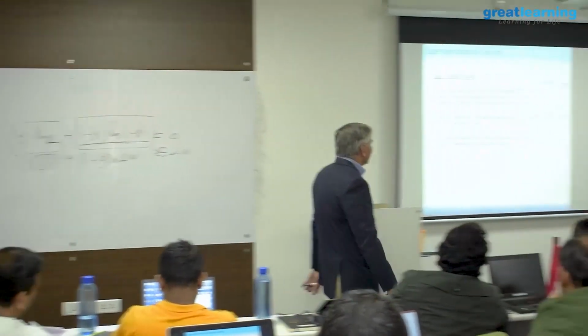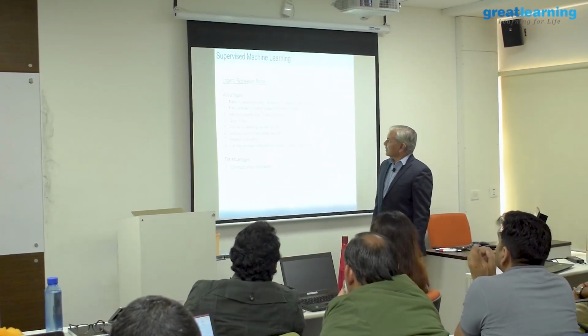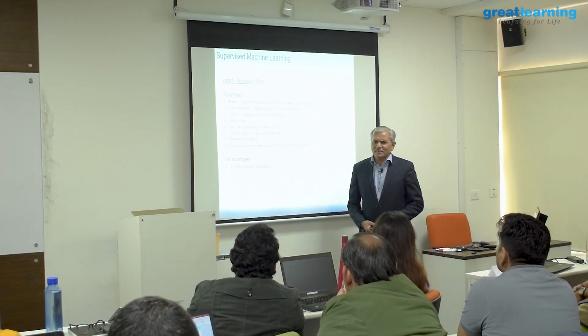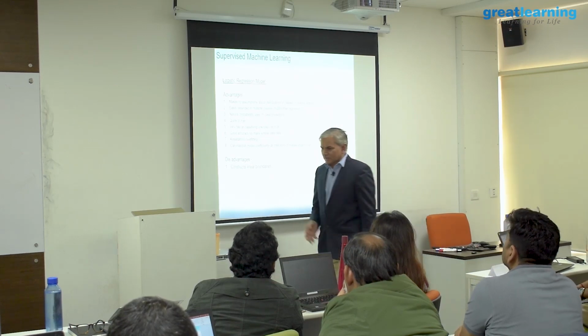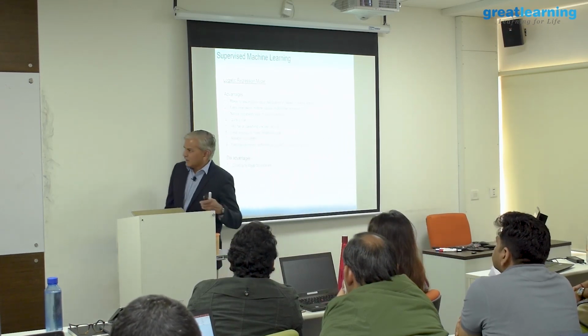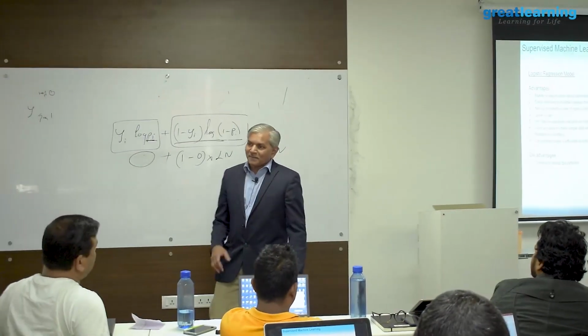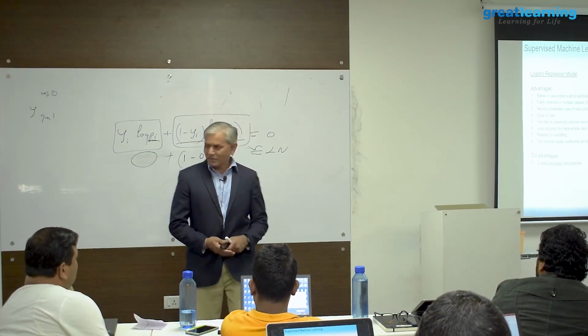Extension of the linear model that we saw yesterday. The beauty of logistic regression is it makes no assumption about the distribution of classes in the feature space. Many of these algorithms, linear models especially, if you're building linear classifiers or linear regression, they expect Gaussian distributions. You understand the term Gaussian distribution, all of you? No? Okay.